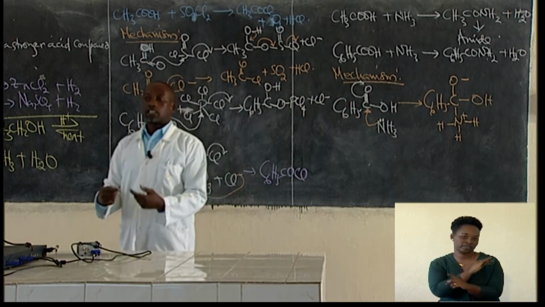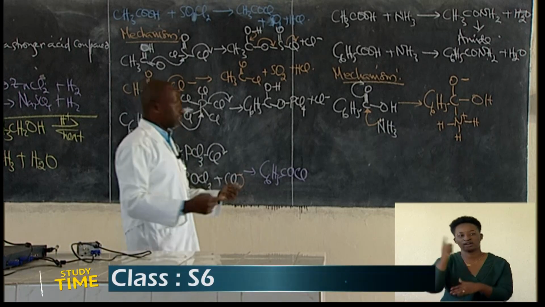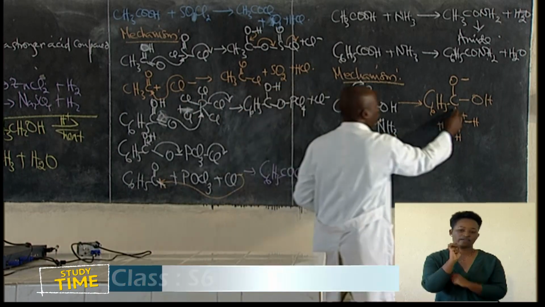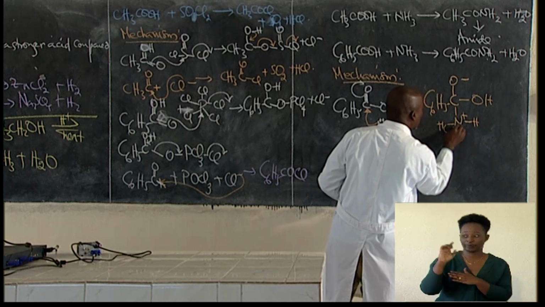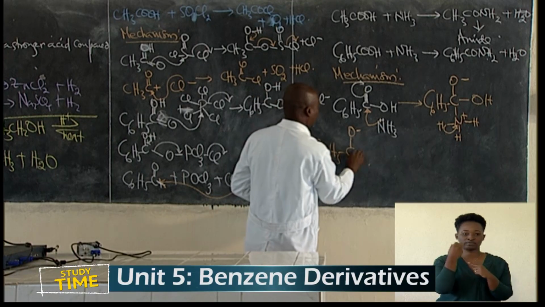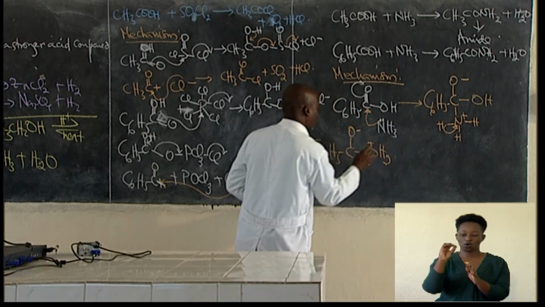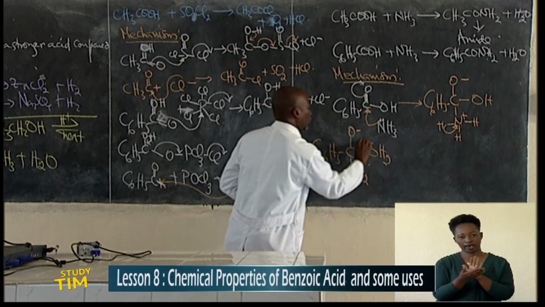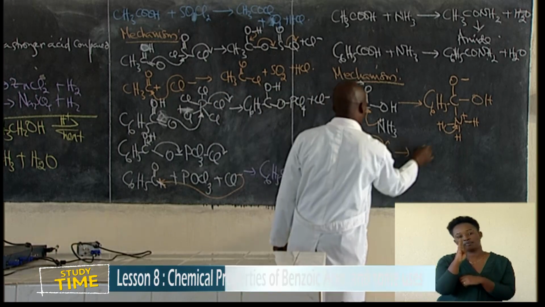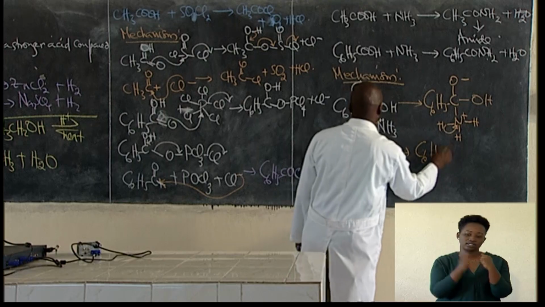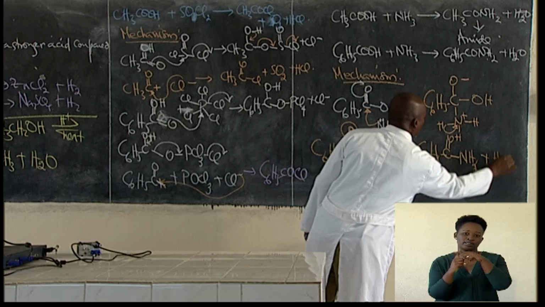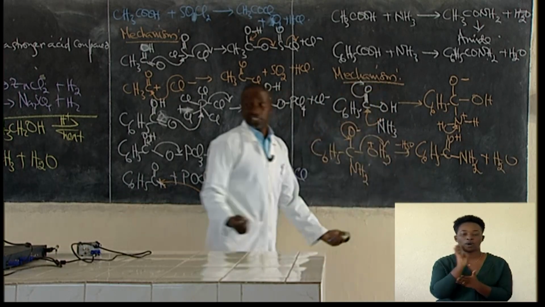In the next step we have the proton shift, or rearrangement of the electrons. One of the bonds breaks, the nitrogen becomes NH2, and water moves away as the bonds rearrange. Then you form C6H5CONH2 plus the water, because the water has been eliminated. That is the amide.